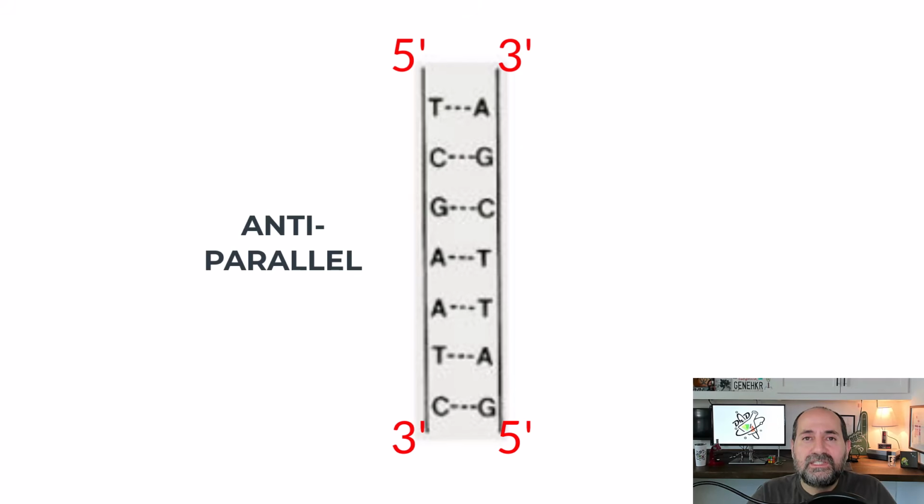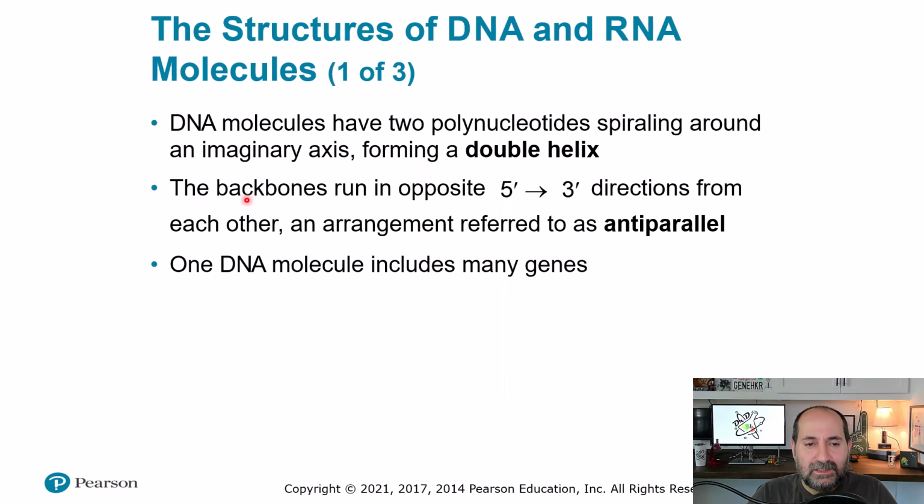So you should know that the two strands of DNA are anti-parallel. And here you can see in the notes that the backbones of the two strands run in opposite directions, so the two strands are anti-parallel to one another.